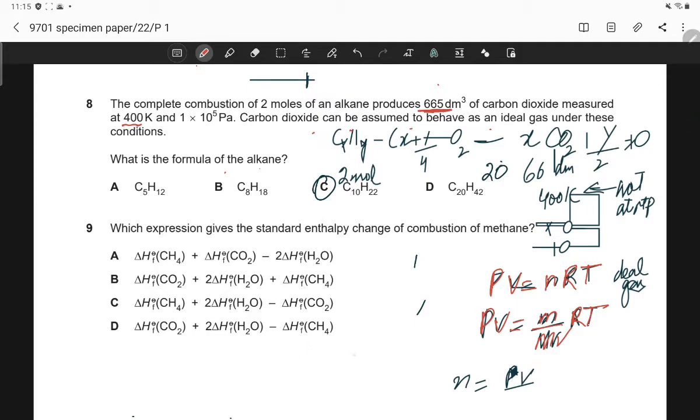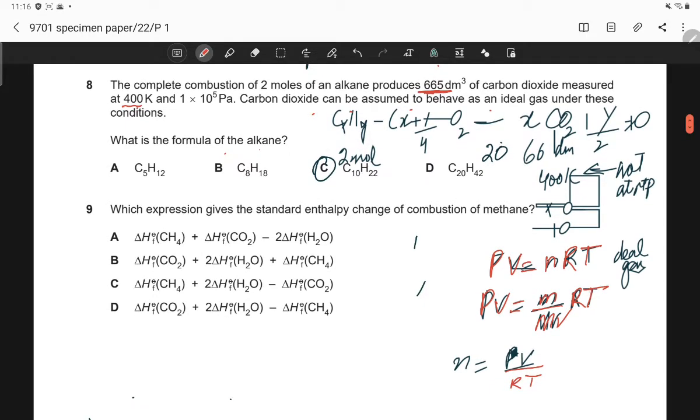So we can calculate the number of moles, n is equal to PV over RT. In this, pressure is 1 into 10 raised to 5 Pascal and volume is 665 into 10 raised to minus 3, divided by 8.31.